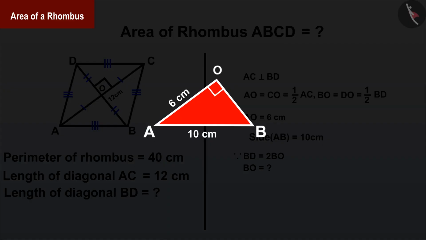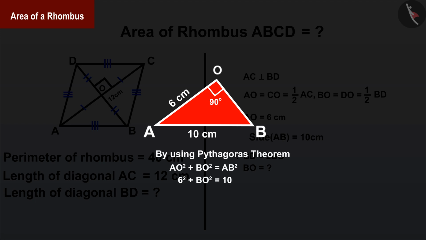As we can see, the lengths of AO and AB in triangle AOB are known, and the value of angle AOB is 90 degrees. Hence, Pythagoras' theorem can be used in triangle AOB. Solve the equation by substituting the values of AO and AB.